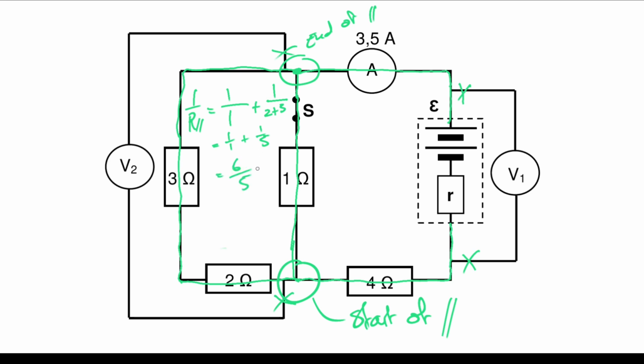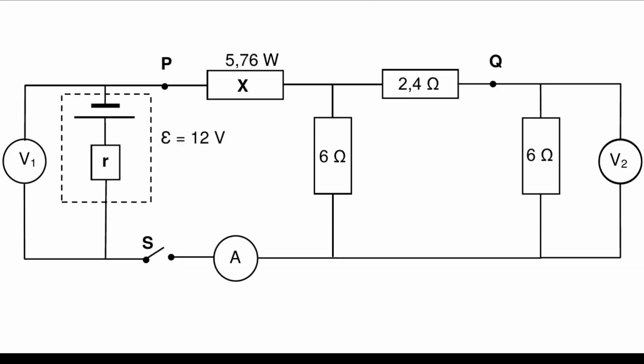Oh man, I hope I'm not screwing this up. And therefore R parallel equals 5 over 6 ohms. Like a badass. Let me just double check my calculations. Yep, nailed it. Okay, moving on. I really encourage you to pause and try for yourself. Our brains learn so well from small, bite-sized mistakes.